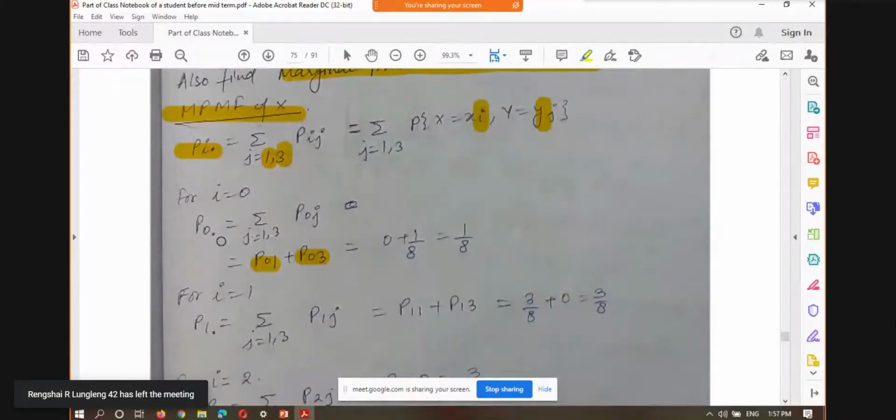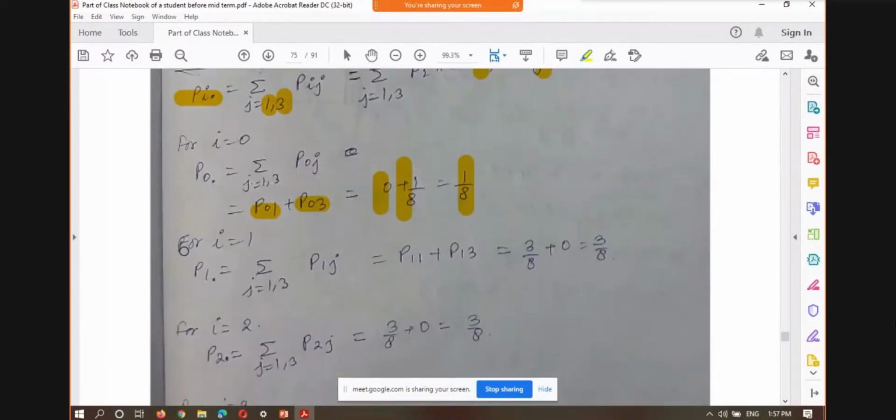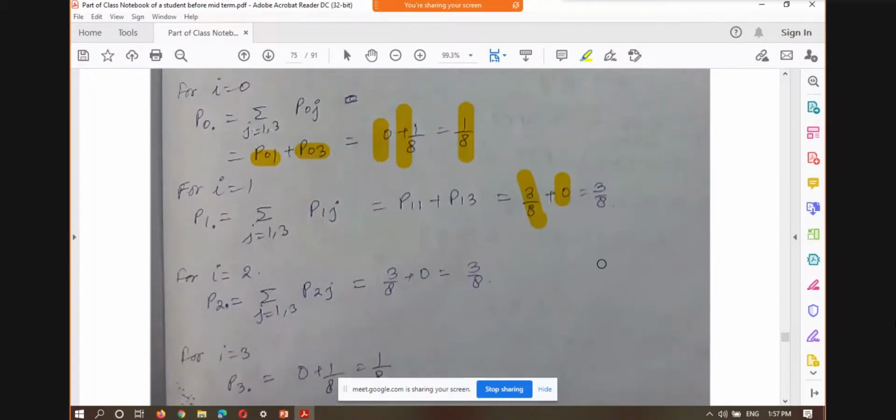So we add p00 and p03, we get 0 plus 1 by 8, we are getting 1 by 8. For i equal to 1, it is p1 dot, and we have to add over all j values. So p11 and p13, 3 by 8 plus 0, we are getting 3 by 8.